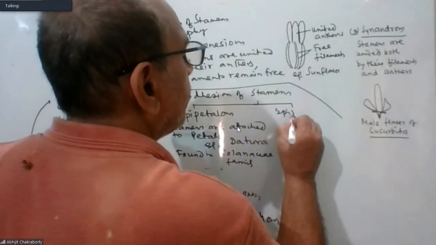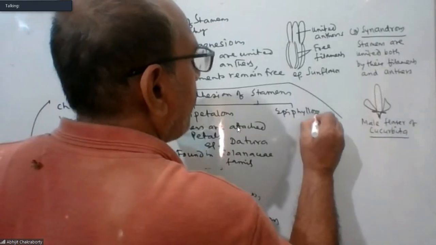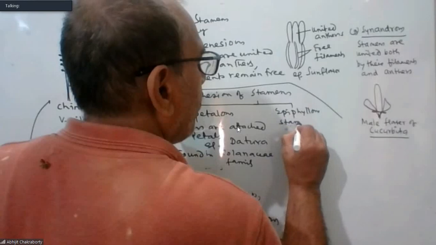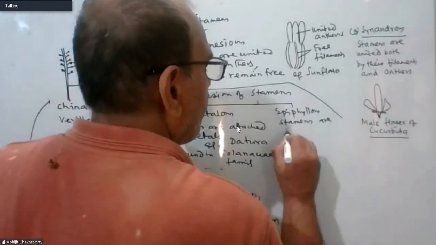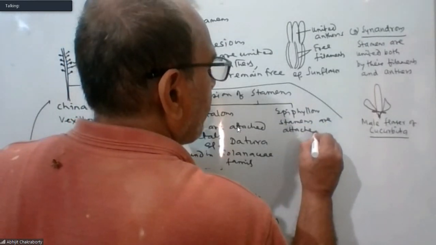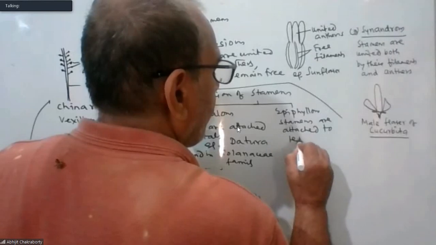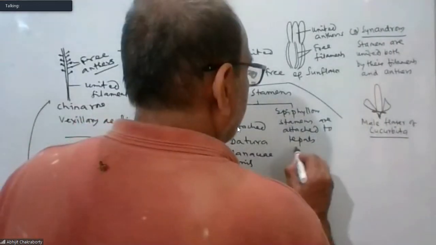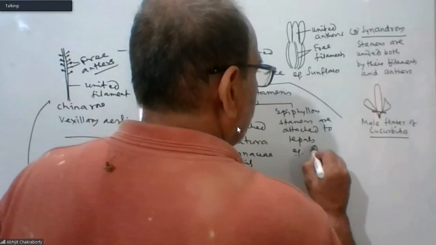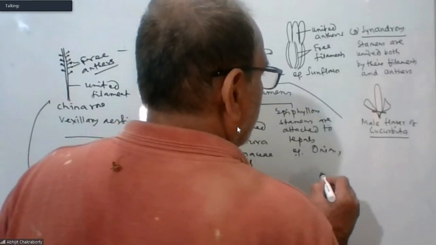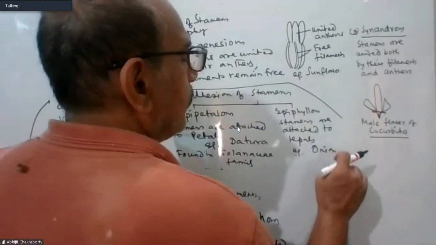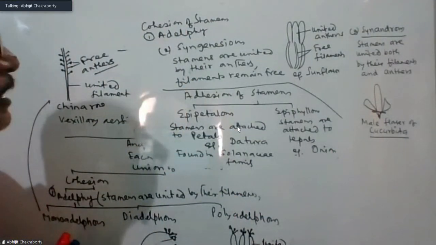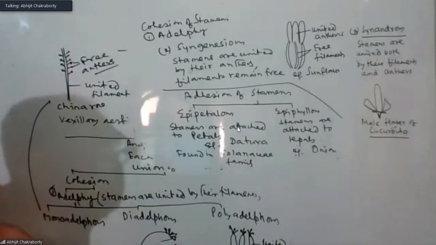Epiphyllous: stamens attached to tepals. Example, onion. So this is the adhesion.